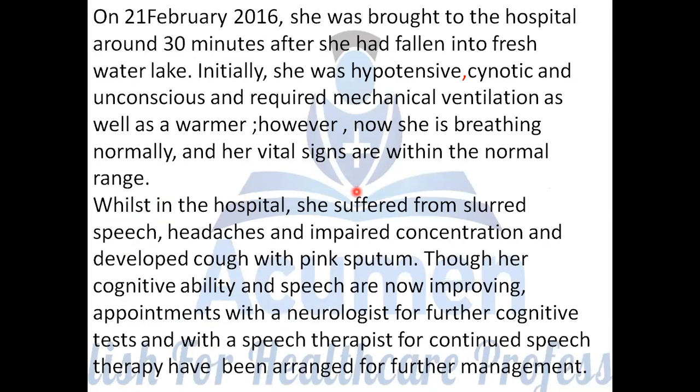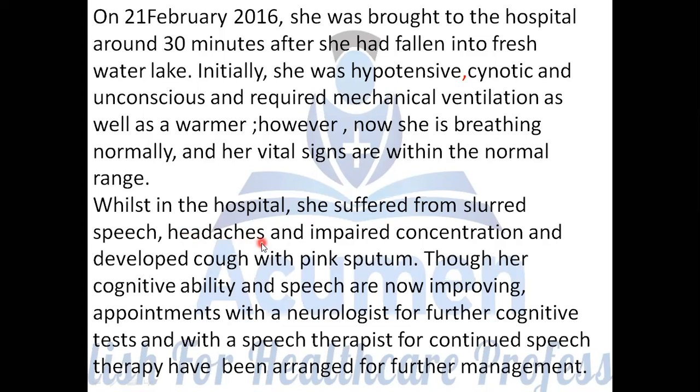So whilst in the hospital, she suffered from slurred speech, headaches, and impaired concentration. So she suffered from these 3 things: slurred speech, headaches, and impaired concentration. This is how you write a complex sentence, because if I had said she had slurred speech, she experienced this, or her concentration was impaired, it would become 3 sentences.